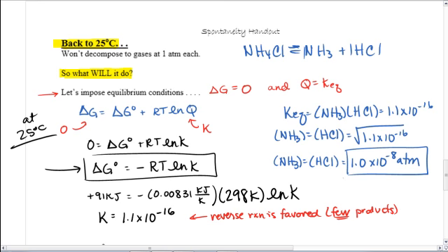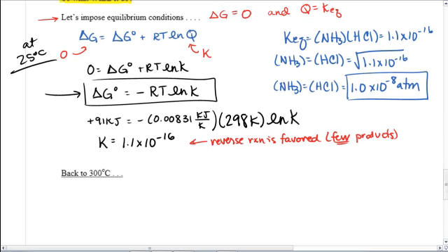That helps us to answer the question of what will it do? So I want you to think about this for a moment. If we take a container, and in that container we put 1 atmosphere of HCl and 1 atmosphere of ammonia, and we put some solid ammonium chloride in it, we know, because it was not spontaneous, that the reverse reaction is going to be favored to equilibrium.